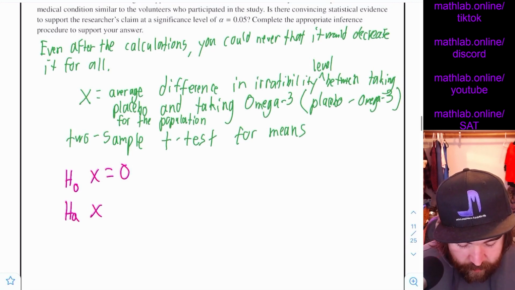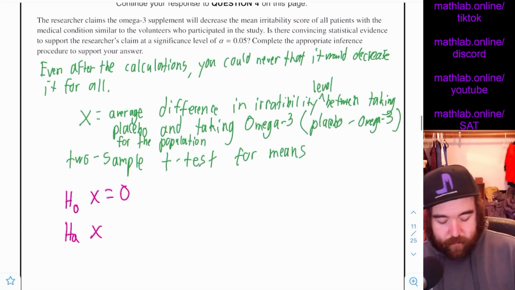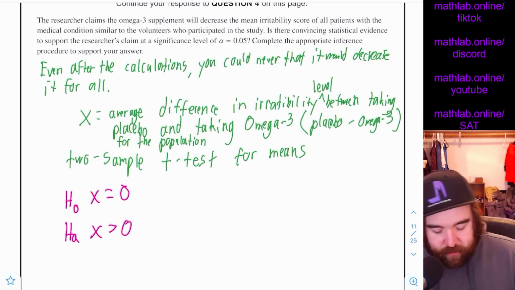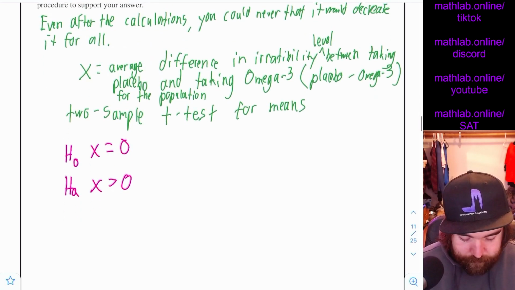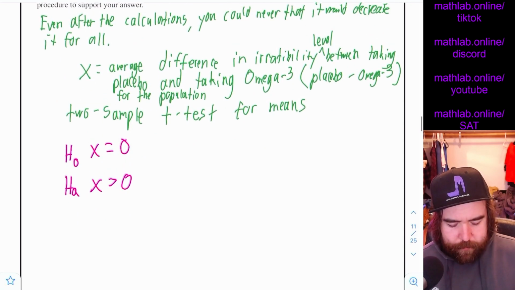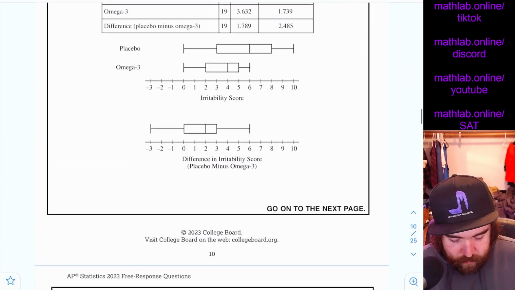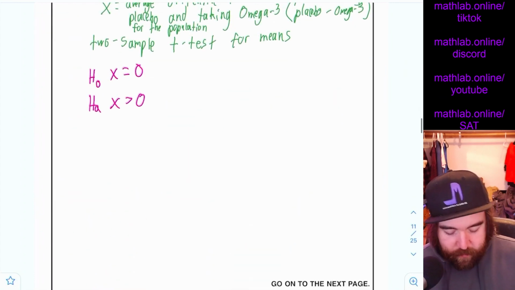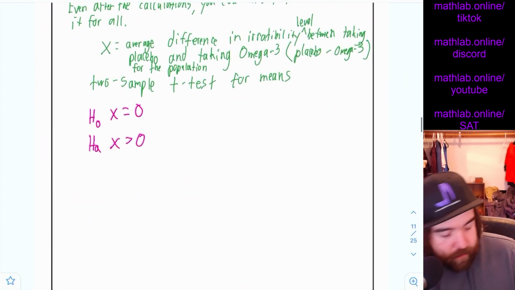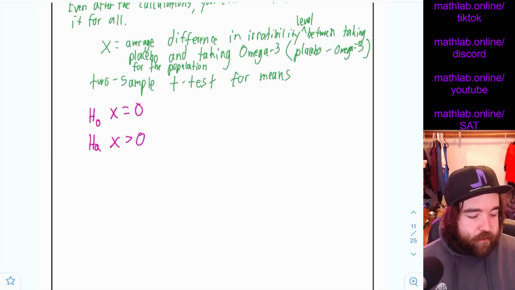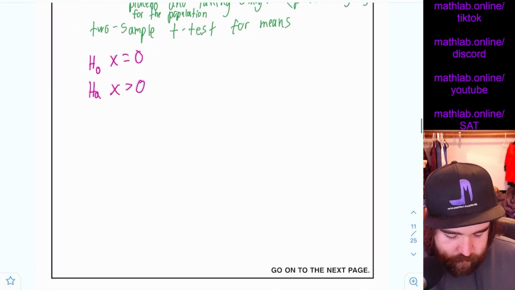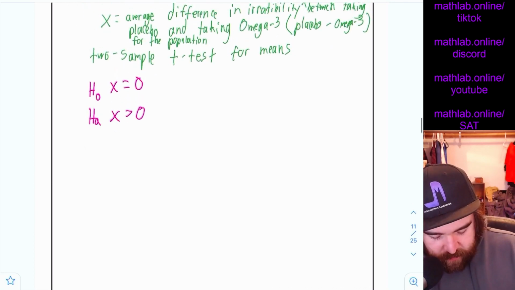So our alternative hypothesis is that X is greater than 0 because omegas are higher. I really shouldn't have to, though. I just had to make sure I'm doing it for difference. So I am clear, especially weird how I'm setting up my hypotheses. I feel like I do definitely have to be clear that I'm doing a 2-sample. But I was clear that I'm doing a 2-sample. So that's good.